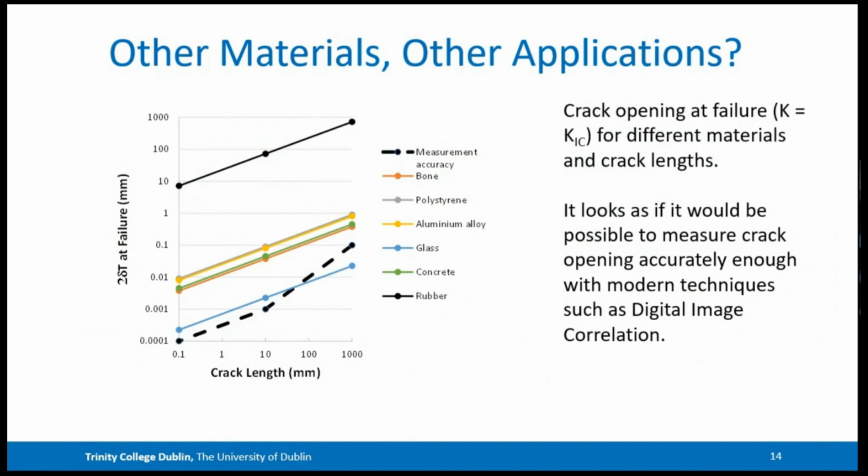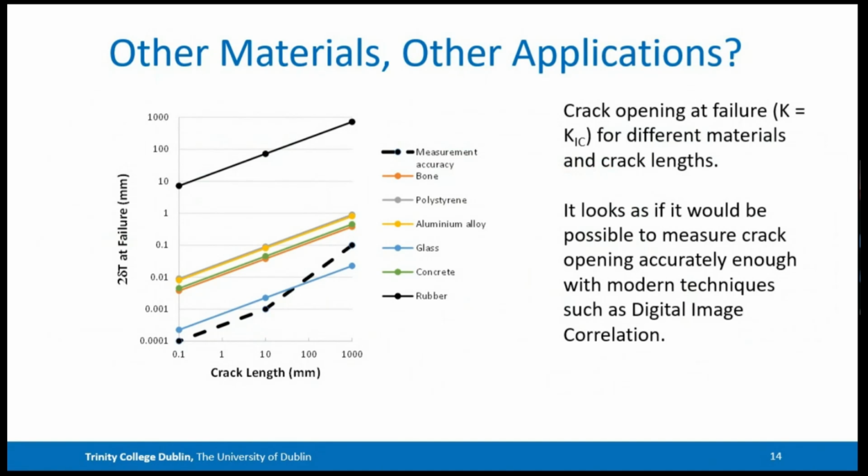And interestingly, a lot of materials are falling into the same band here. So in this group here, we've got polymers, we've got metals, we've got bone, we've got concrete, materials with very different toughness and different Young's modulus values. But this parameter of the opening at failure is actually more or less the same. And a few outliers. Rubber obviously opens a lot more, glass a lot less.